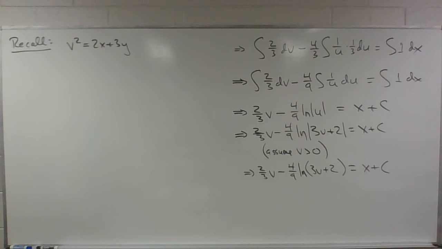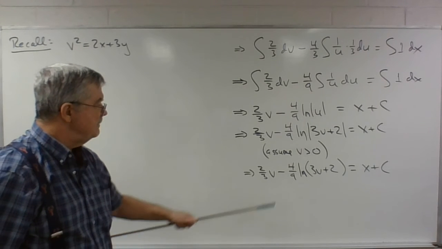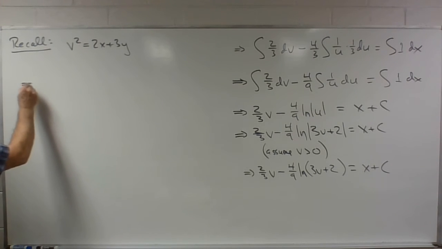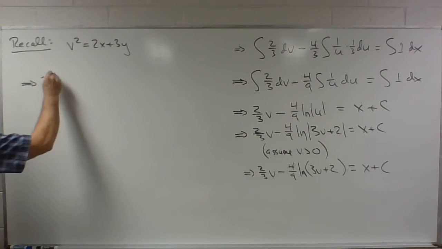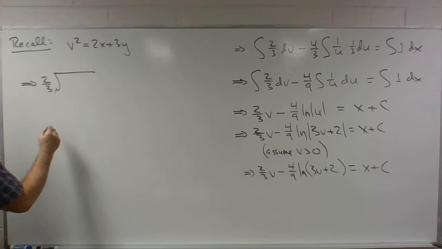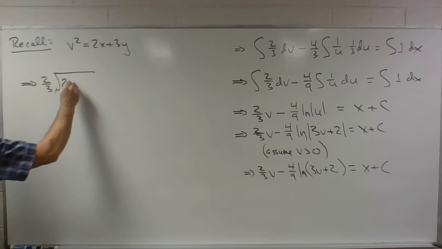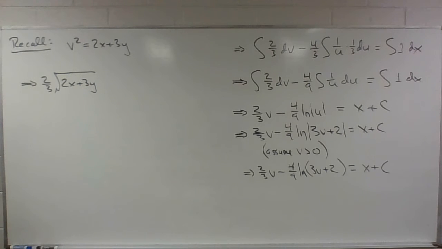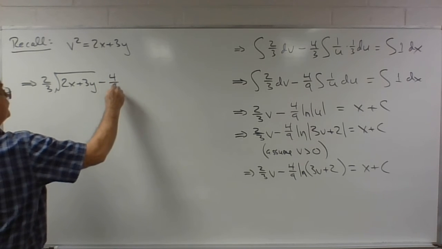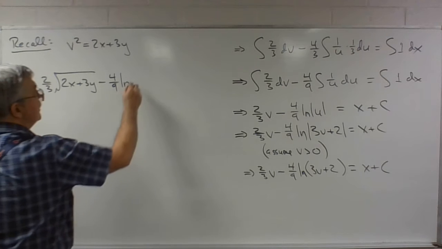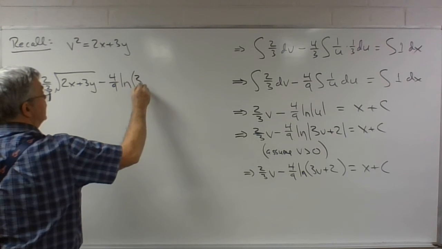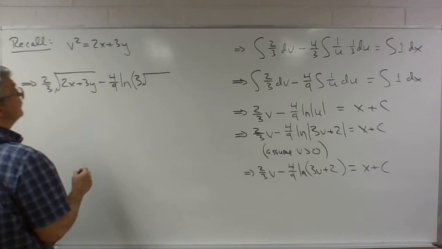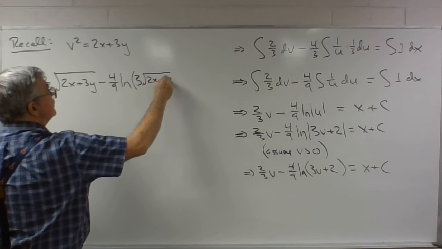I don't have v squared, but I do have v. 2/3 v, that's the square root of v squared, which is 2x plus 3y. Minus 4/9 natural log of 3v. And again, v is the square root of 2x plus 3y.